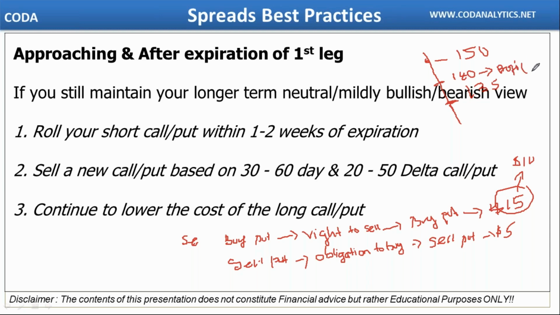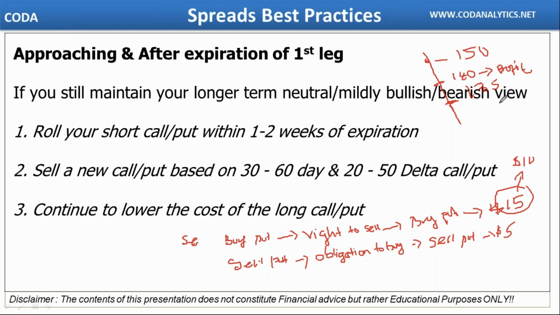You see that? Because it's 15 minus 5. So instead of waiting for it to get to 135 to start making a profit, if it gets below 140, I'm in the money and making a profit.